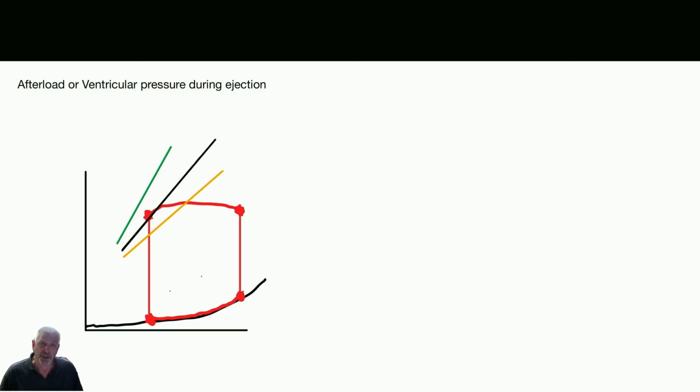And so imagine an increase in afterload as an increase in aortic pressure at which the valve opens. Under normal circumstances, the pressure at which the aortic valve opened was right here. So let's look at what happens if aortic pressure is higher than normal, i.e. we have a higher afterload than normal.